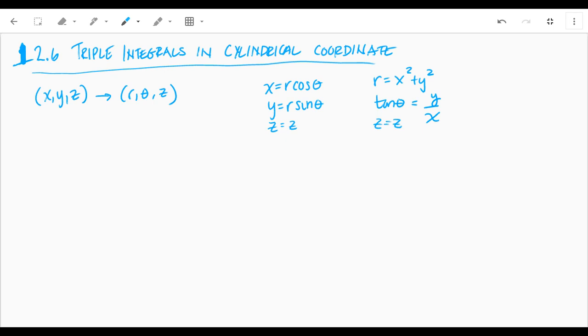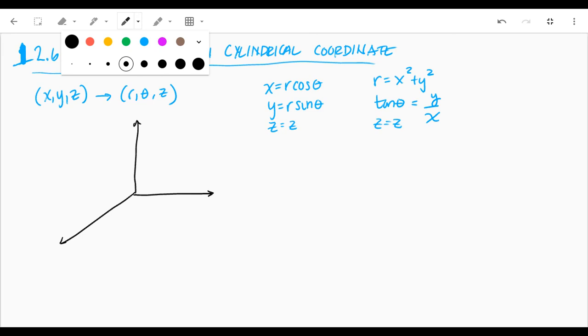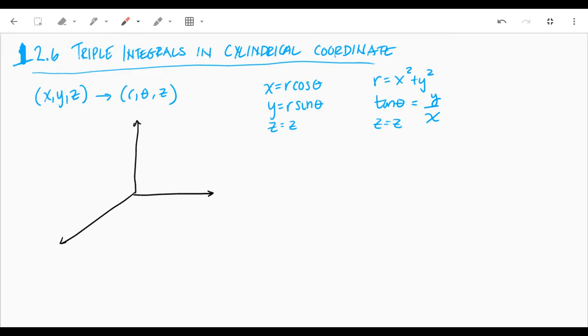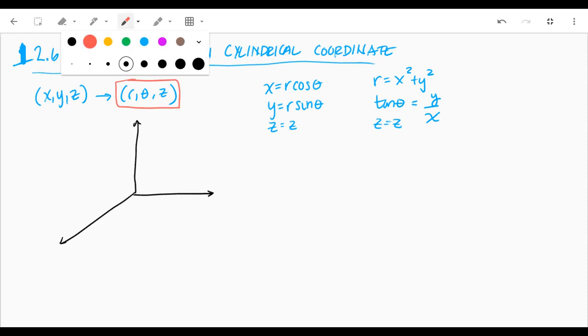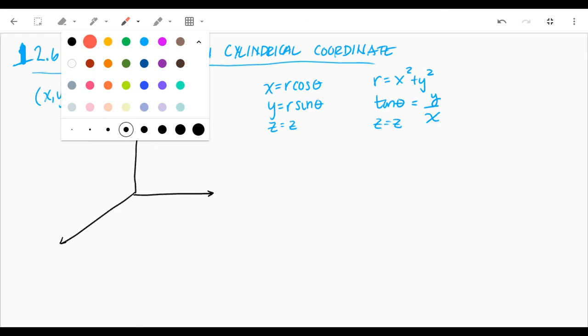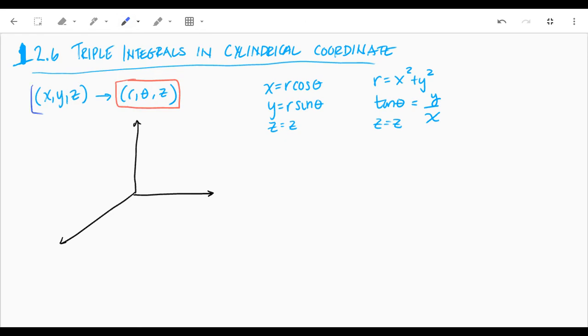It doesn't change. All right, so we can talk about cylindrical, where in rectangular you might have a point x, y, z. I'm going to use red for cylindrical and blue for rectangular.